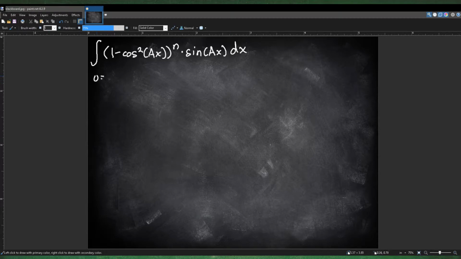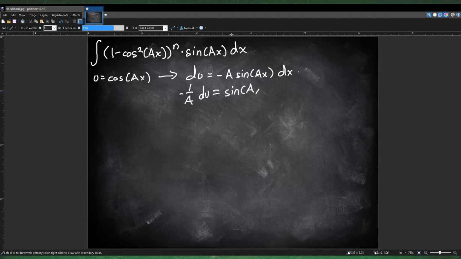So u is equal to cosine of ax. What's the derivative of this? du is equal to negative a sine of ax dx. And then you can rewrite this as negative 1 over a du is equal to sine of ax dx, and you can substitute this in.